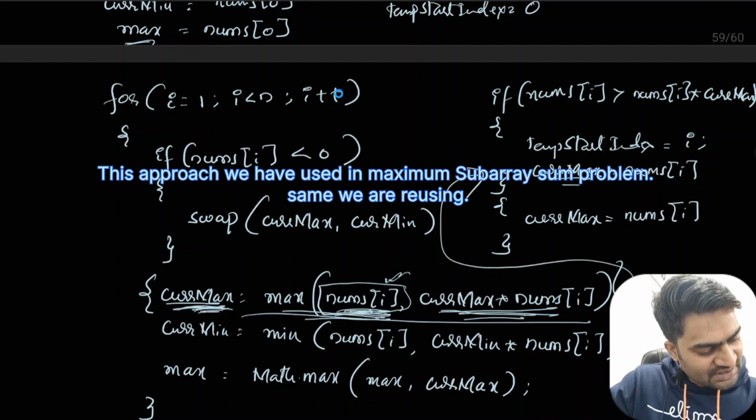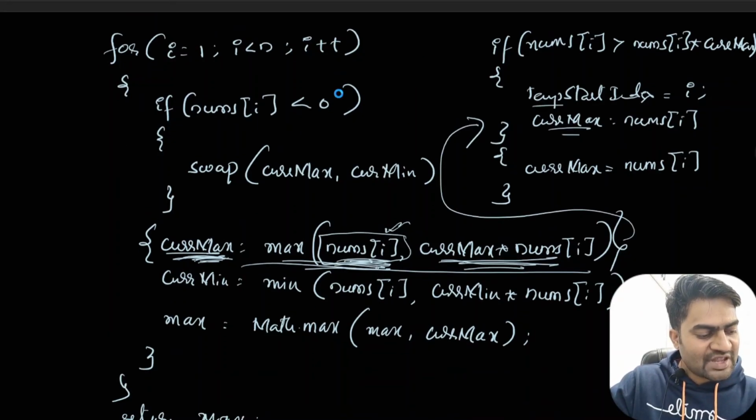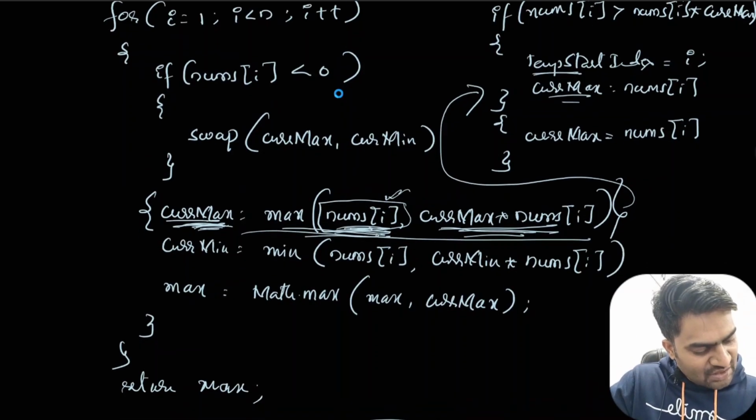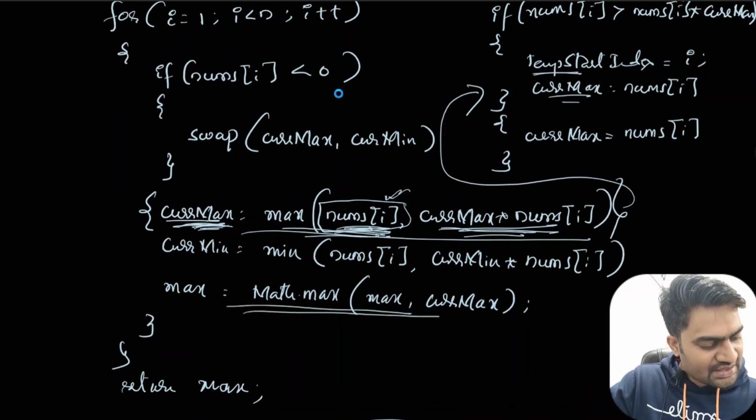Then after this, we are trying to get the temporary start index every time we encounter a 0. We will see that in an example. Now, instead of doing something like this, I will check if my current max is greater than max.